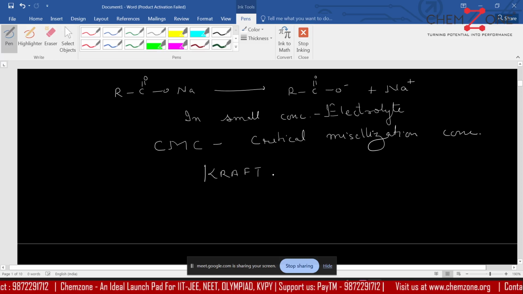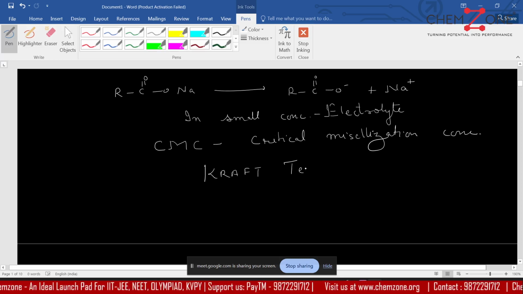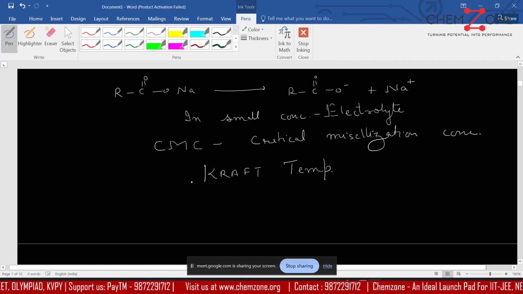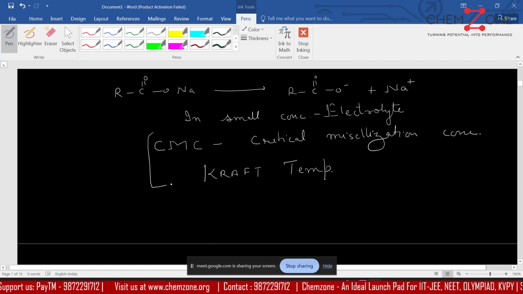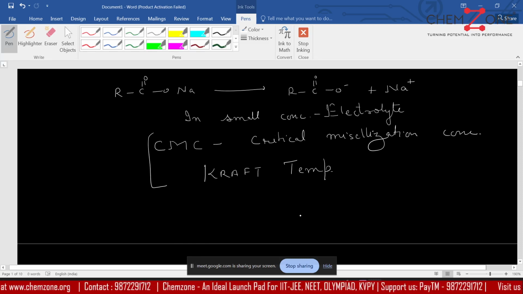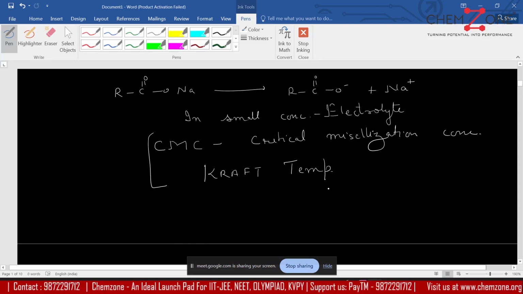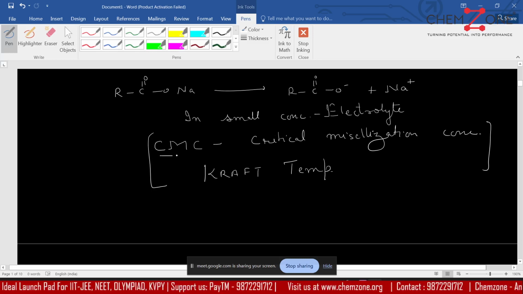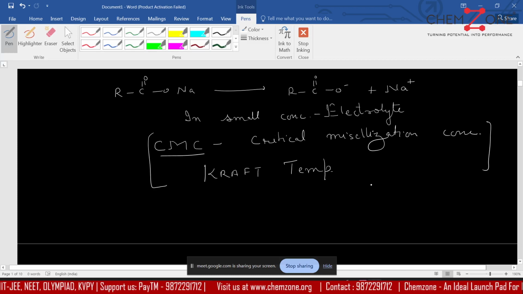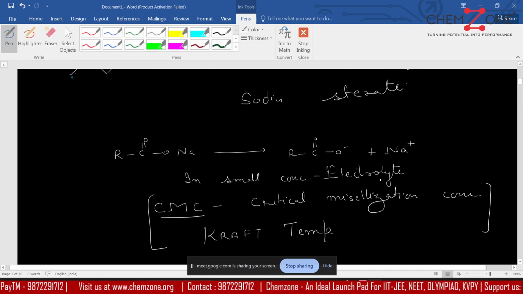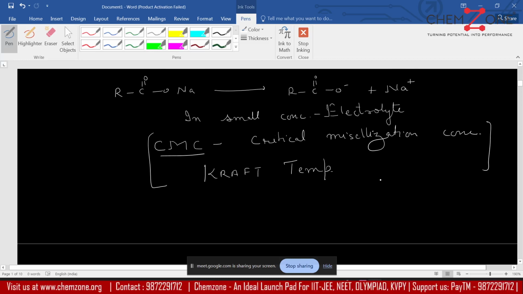If you dissolve the soap in water below the Kraft temperature, the froth formation will not take place. So these are the two conditions for the froth formation, micelle formation. Number one, there must be some minimum concentration above which the micellization will take place, called CMC, and the temperature must be above the Kraft temperature.